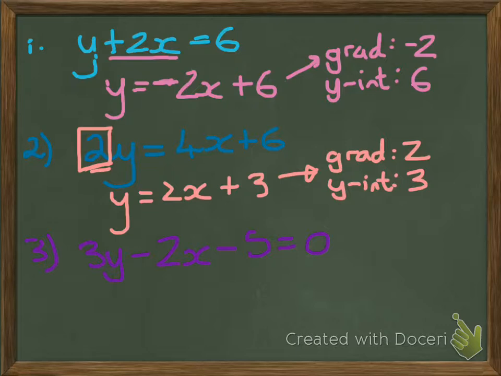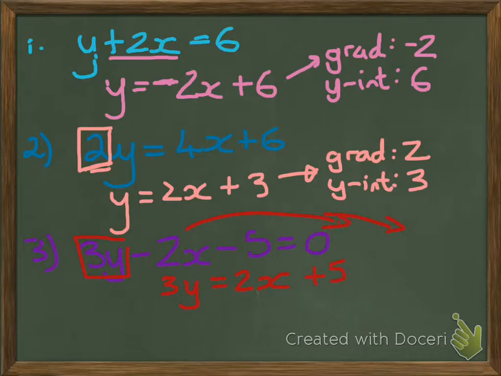Firstly, remember you want to start by isolating the y term. So we're going to move the 2x and that minus 5 across to the other side. That gives me 3y equals, and the negative 2x becomes a positive 2x, and the minus 5 becomes a plus 5.